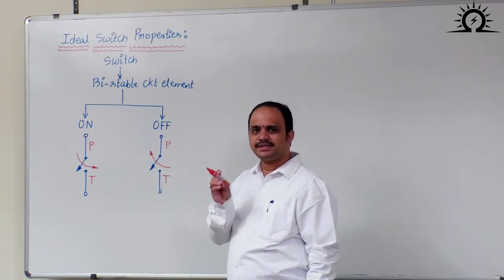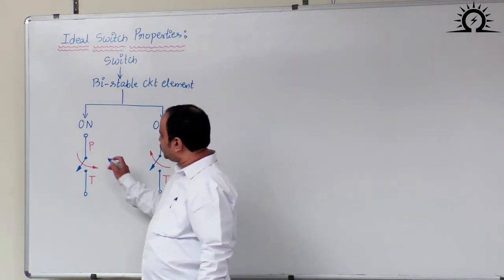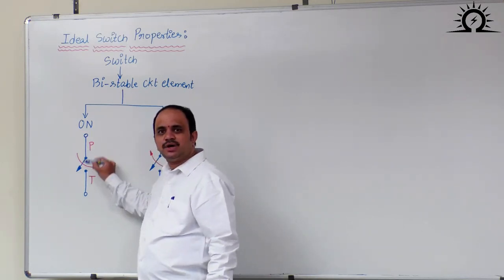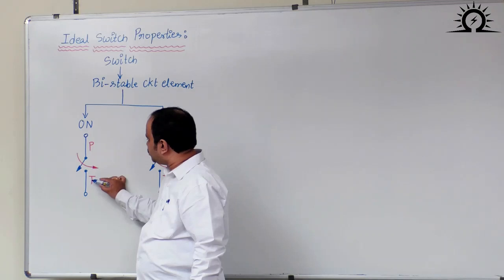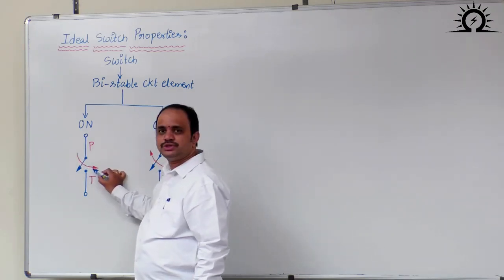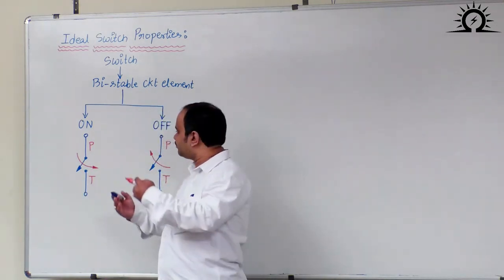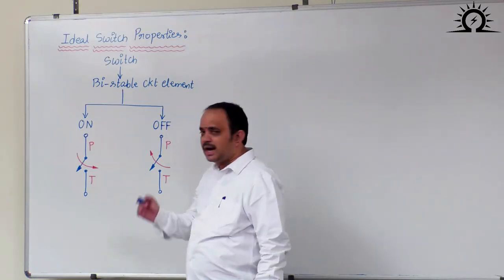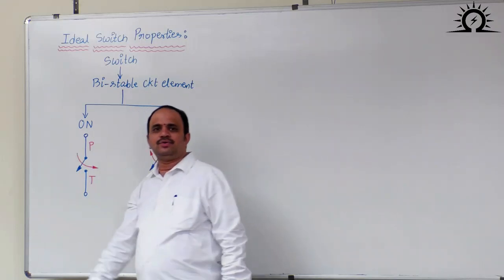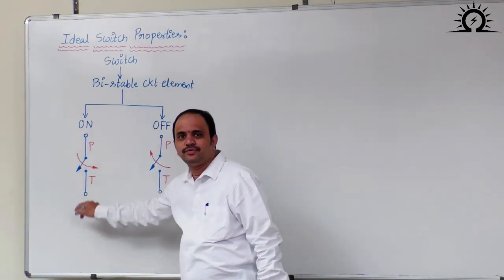Now first let us try to understand the meaning of those symbols. Look into this particular symbol closely. When a switch is on, pole and throw are in contact with each other. The red color arrow shows these two contacts are closed or touching each other. Under that condition, the blue color arrow indicates the direction of current flowing.